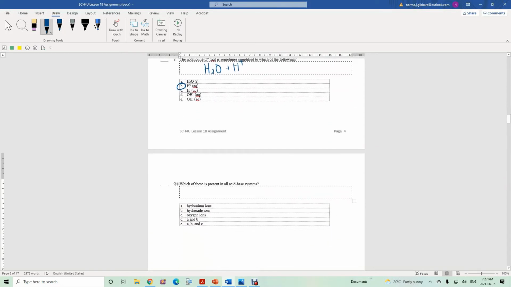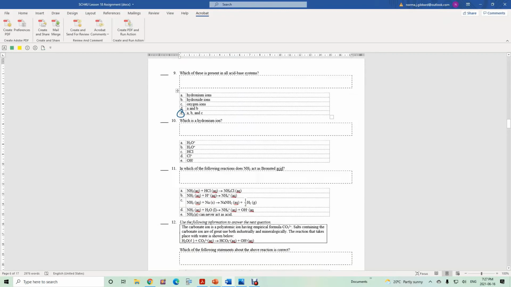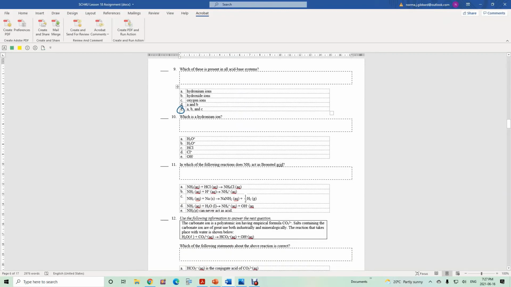Which of these is present in all acid and base systems? So you must have hydronium, hydroxide, and oxygen. So your answer is E. Number 10. What is a hydronium ion?